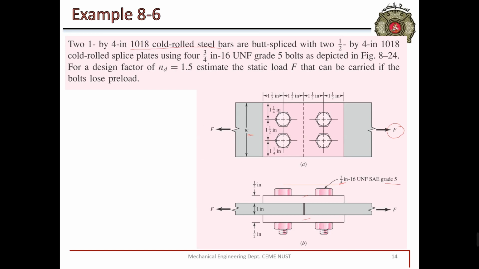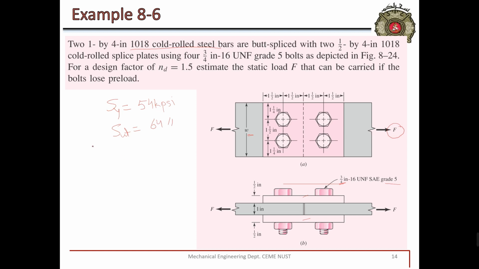For 1018 cold rolled steel, from table 8-6, the value of SY is equal to 54 kpsi, and similarly S ultimate, if required, is equal to 64 kpsi.